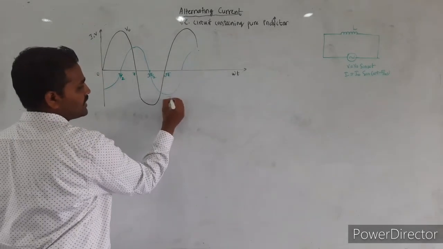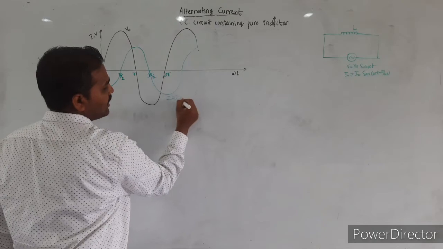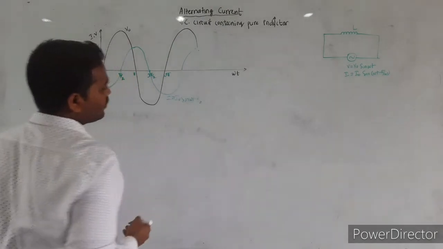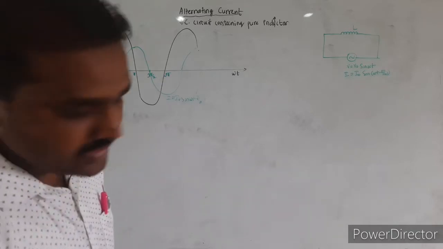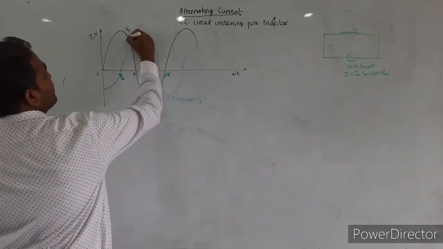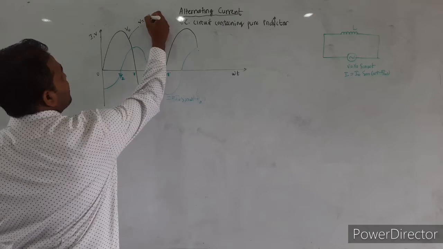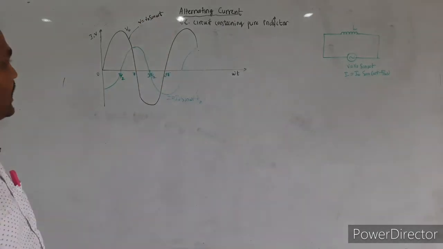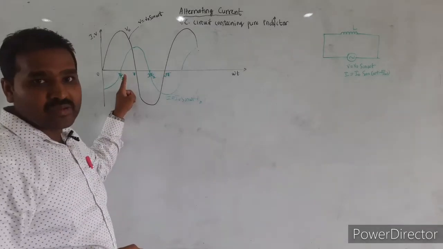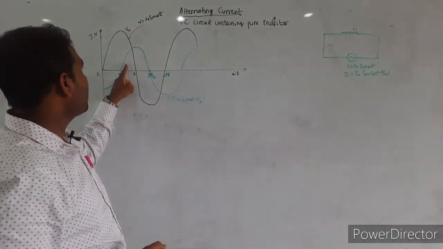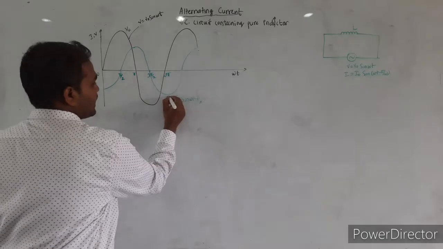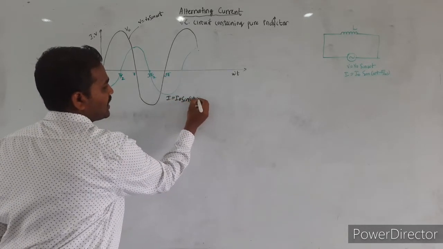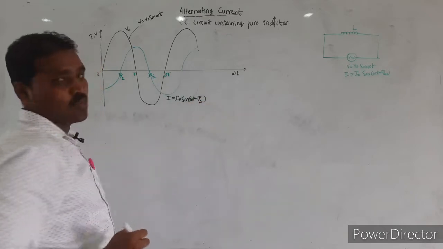The equation for current is I is equal to I naught sine of omega t minus pi by 2. Then for voltage this is the equation, V is equal to V naught sine of omega t. So this is the graphical representation of variation of voltage as well as current.